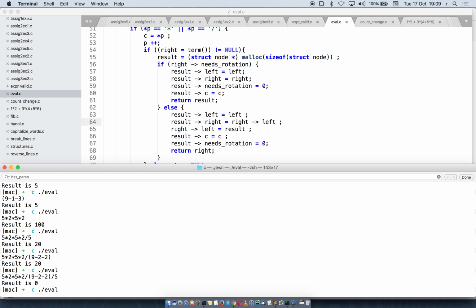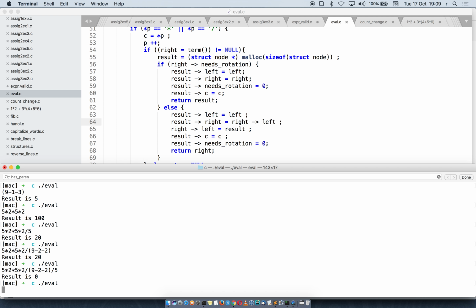So essentially, if I do 5 times 2 times 5 times 2 divided by 5 divided by 5, this is 0, right?